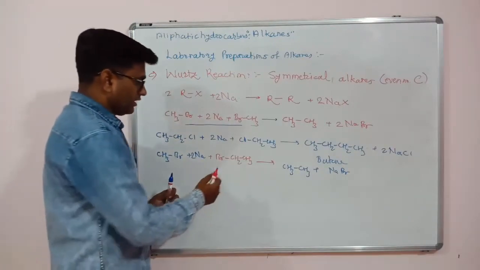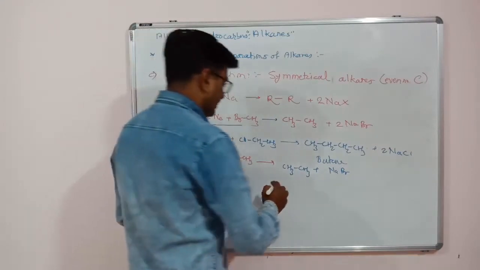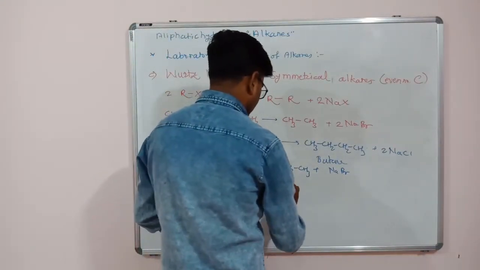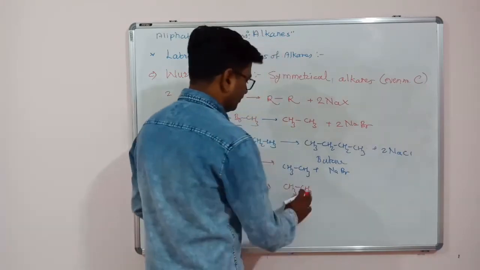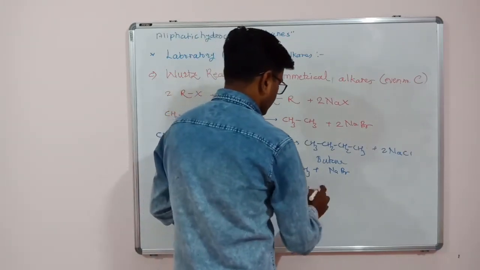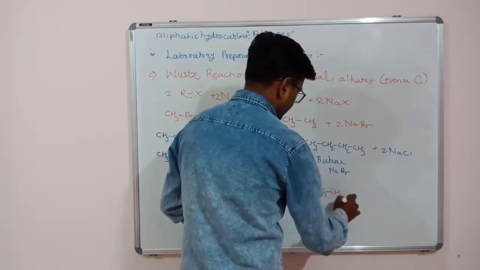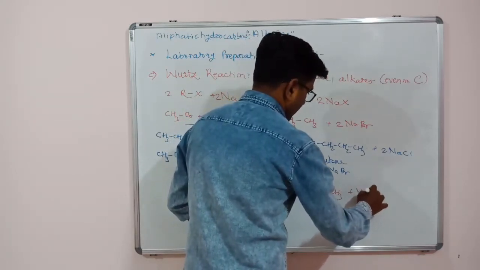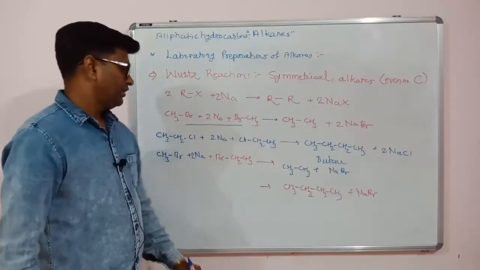Second possibility is what? These alkyl halides combine with each other. So we will get another product, that is CH3CH2CH2CH3 plus NaBr. So in this case we will get butane.